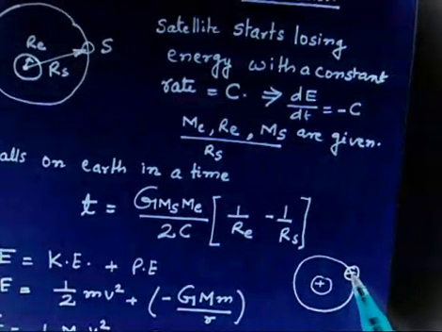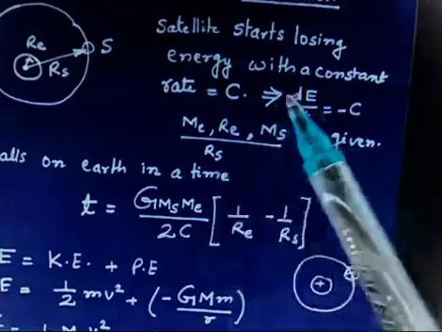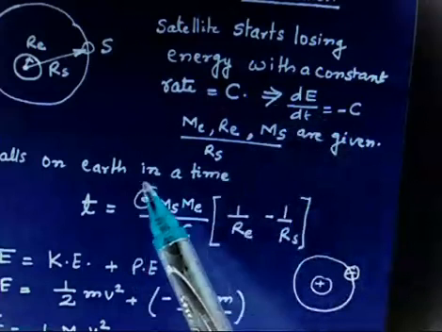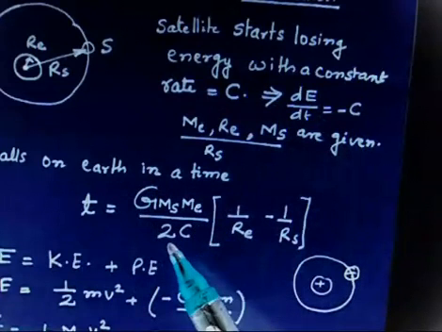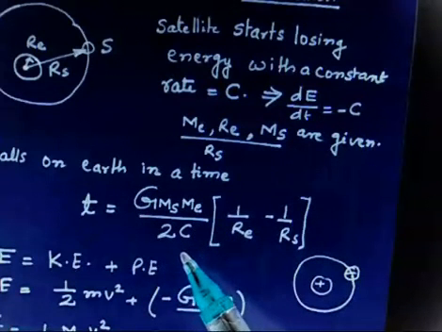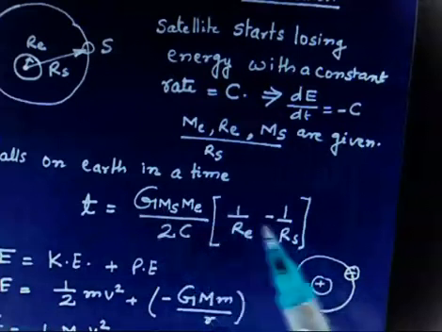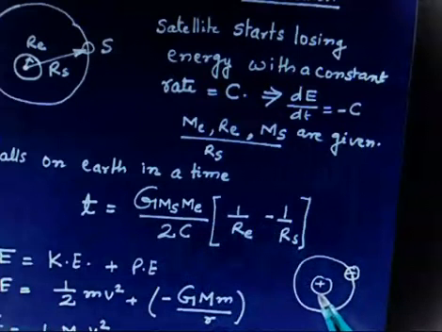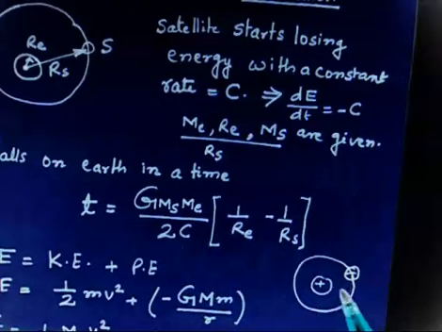If this radiates energy, then this is the required time, a finite time. I will put the mass of electron, mass of nucleus, and the resistive force, if the energy loss is C, so I can find the time after which the electron will fall into the nucleus.